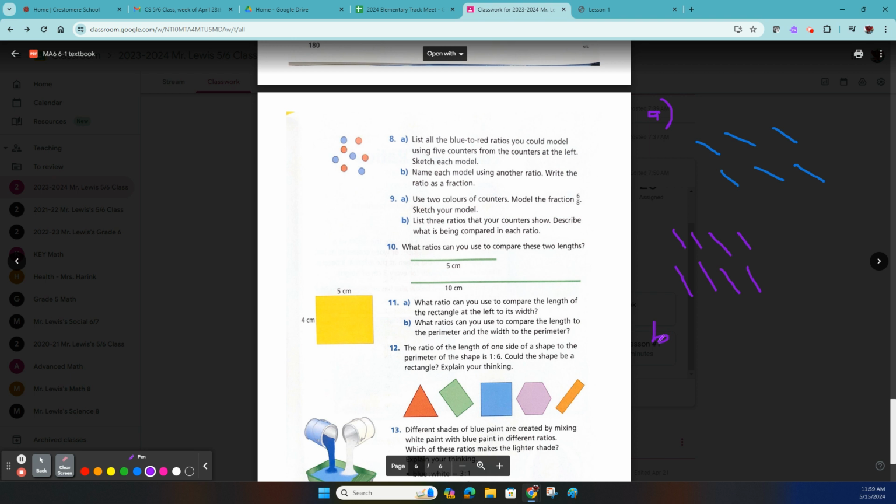B, it says write 3 ratios that your counters show. Describe what is being compared in each ratio. Okay, so let's go first purple to blue. So that is 8 to 6. Okay, now let's go blue to purple. That's going to be 6 to 8.